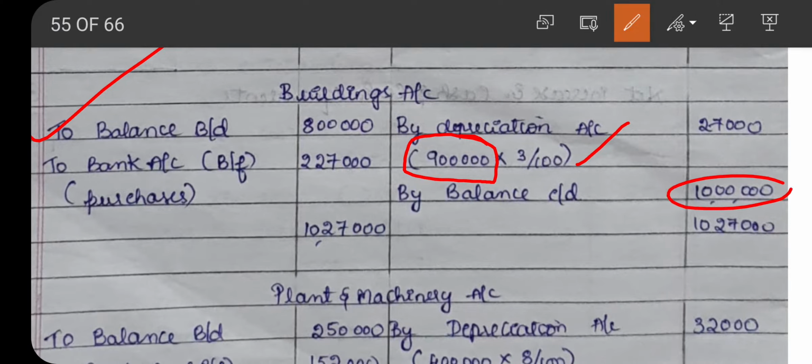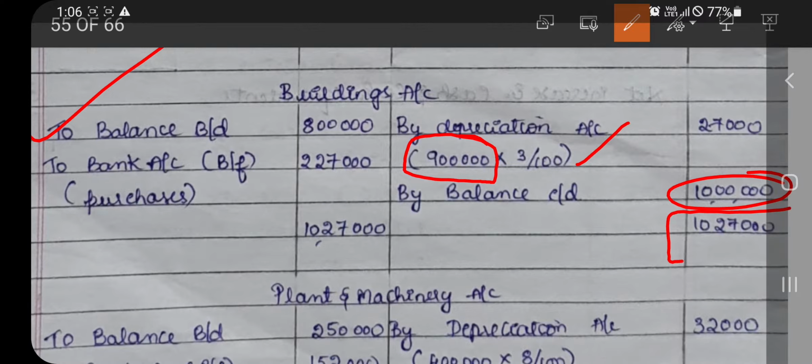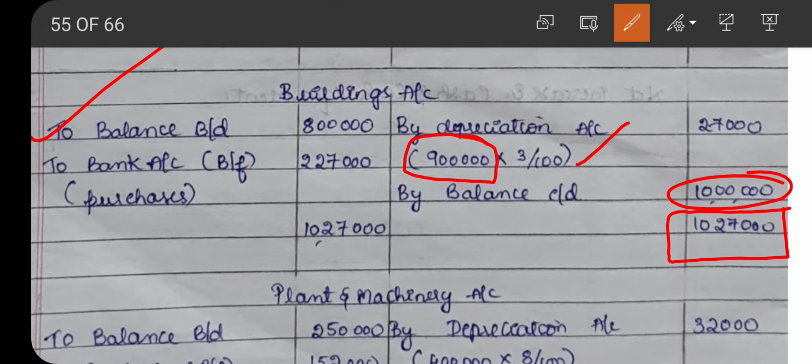And then they have given the closing balance. By balance carried down 10 lakh. So only three pieces of information are available regarding building: opening balance, depreciation and closing balance. Now we are having more total on the credit side, that is 10 lakh and 27,000, and we are getting a balance on the debit side which is considered as purchase of building. So to bank account 2,27,000, balancing figure, purchase of building.